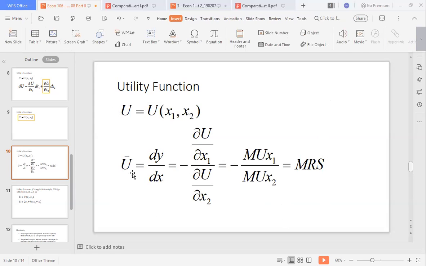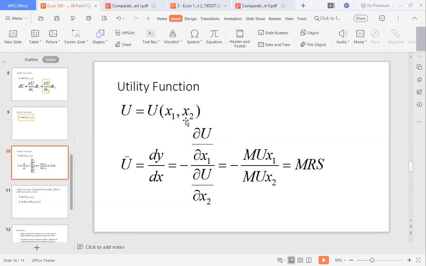If you know that you are staying on the same indifference curve, you want the consumer to be as happy as before, same happiness, same utility.